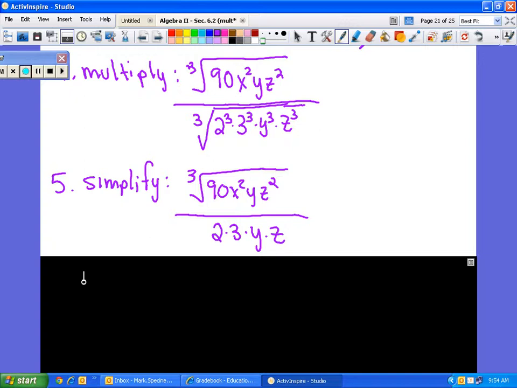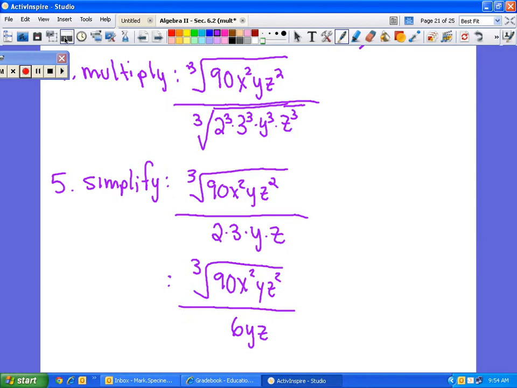Now, this last step is not always going to be necessary. In this case, my last step is to simply combine 2 times 3, and it gives me 6. And then I am finished.